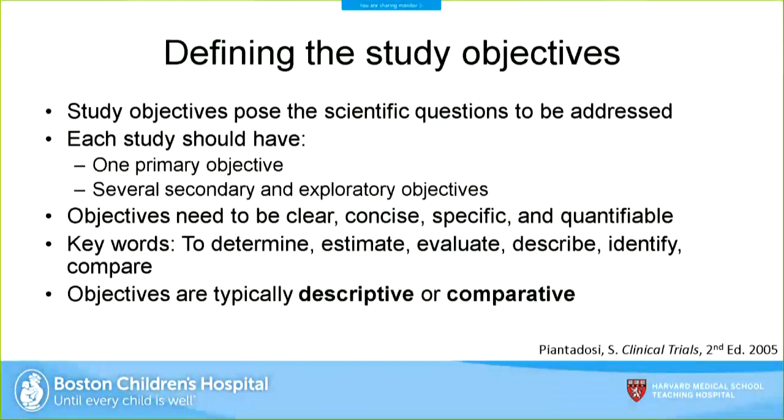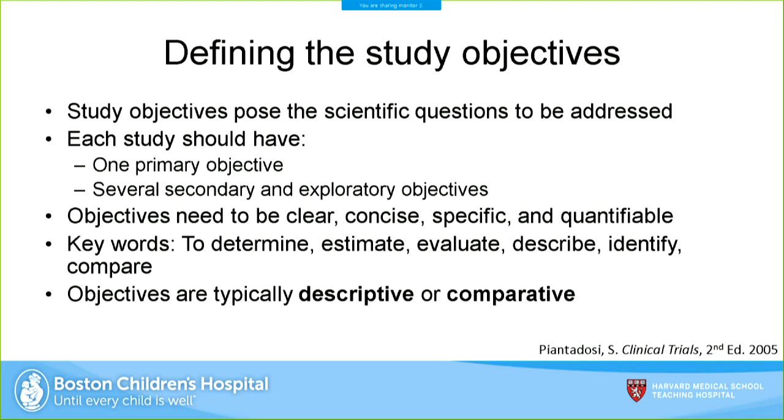So let's start with the first piece, defining the study objectives. These objectives really pose the scientific questions to be addressed in your study. And in general, a study should have one primary objective and a number of secondary and exploratory objectives. You'd want the objectives to be clear, concise, specific, and most importantly, quantifiable, something that you could measure objectively.